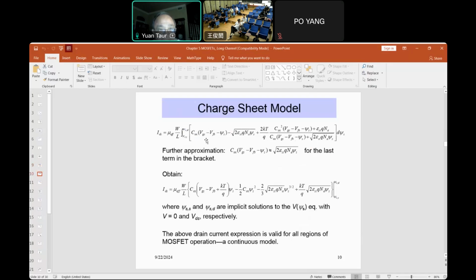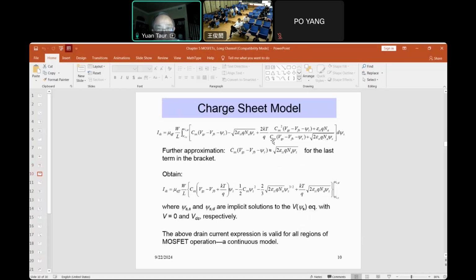So now you can see that there's only psi s. So in principle, the double integral becomes a single integral, which is much easier to execute.